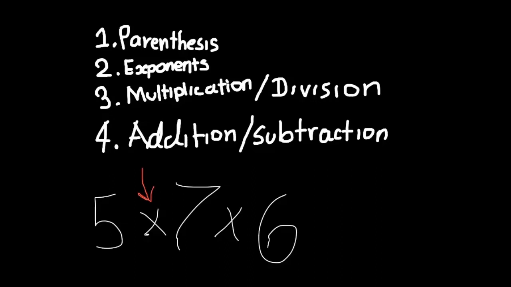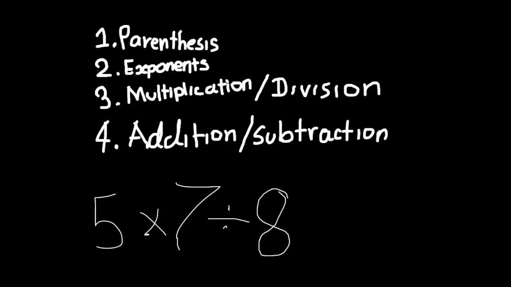But why am I bringing this up? Well, instead of having an equation like this, what if I said an equation like 5 times 7 times 8? Well, still the same deal, right? But what if I said an equation like 5 times 7 divided by 8? What is the deal there?